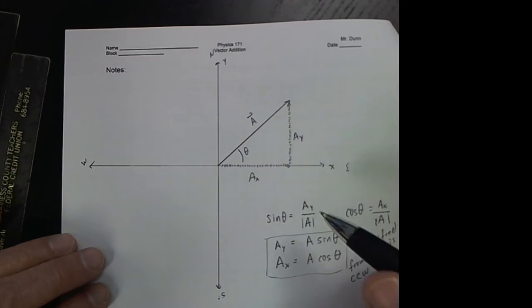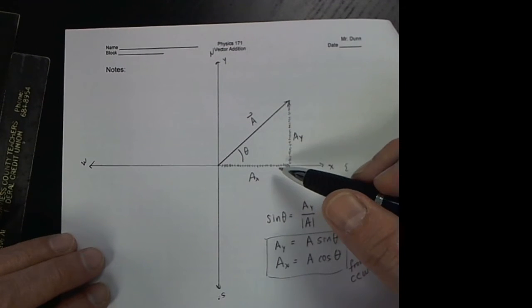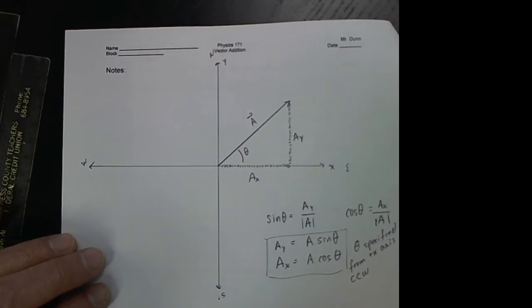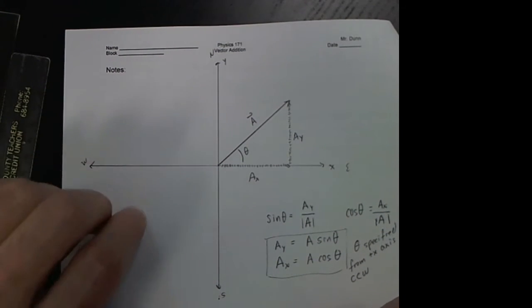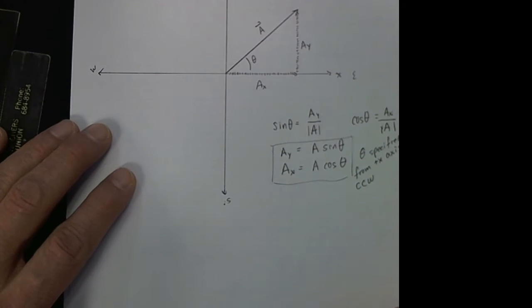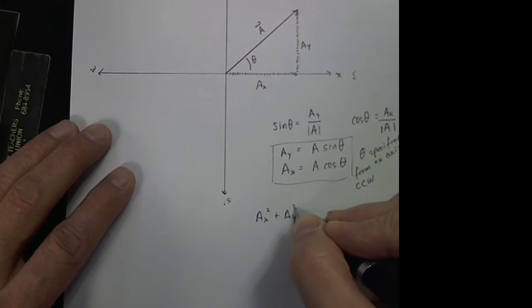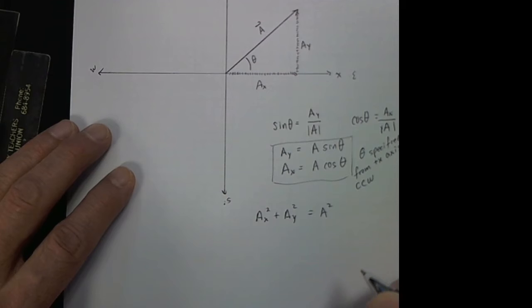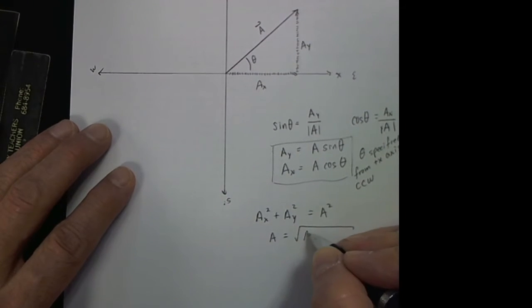Now, if we knew A sub X and A sub Y, the components of a vector, then we also know the vector, because we use the Pythagorean theorem to show that A sub X squared plus A sub Y squared equals A squared, or the magnitude of A is the square root of A sub X squared plus A sub Y squared.